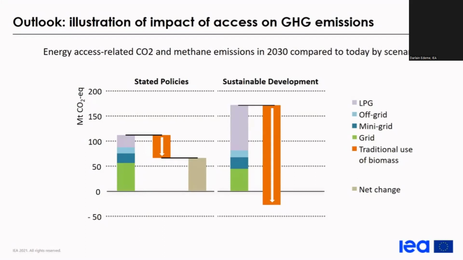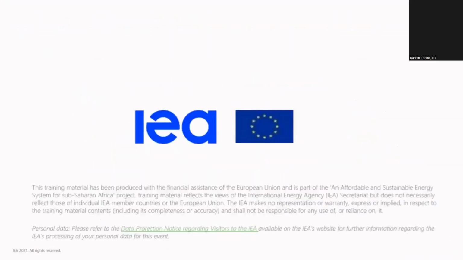But with more people shifting away from traditional use of biomass, we have a net negative change, meaning that under a scenario where everyone has access to both electricity and clean cooking, there are less CO2 and methane emissions than under today's situation. So universal access will not be at the expense of climate and of emissions.